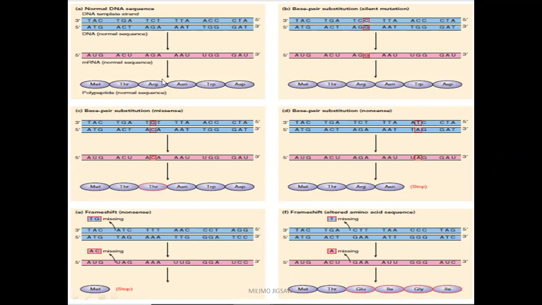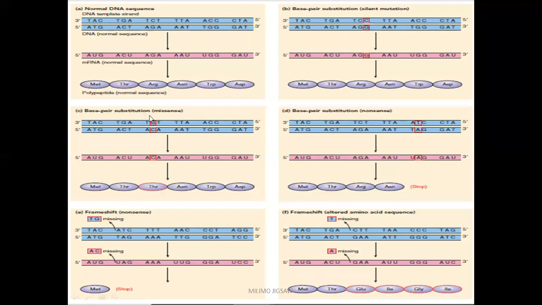So remember, we have the original sequence here. In the original sequence, we have methionine, threonine, arginine, asparagine, tryptophan, and aspartate.